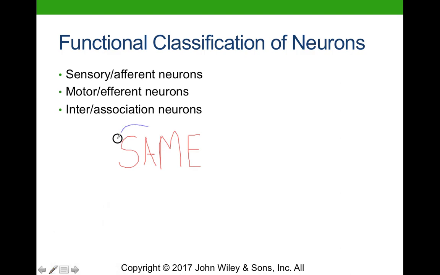The S and the A are next to one another, so that is your sensory afferent, and then the M and the E are next to one another, so that is your motor efferent.